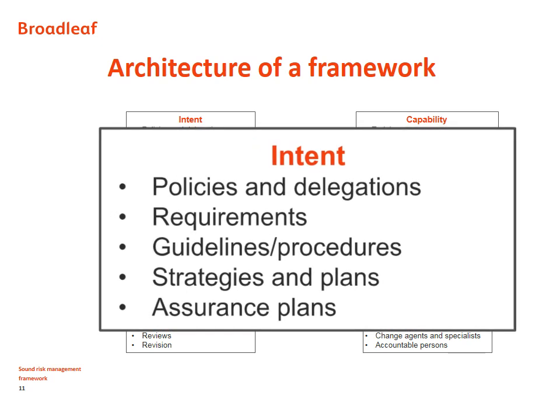The first element of the framework is where the organisation expresses its intentions with respect to the management of risk. And it should do this through the normal mechanisms it adopts, such as setting policies and delegating authority down through its structure.